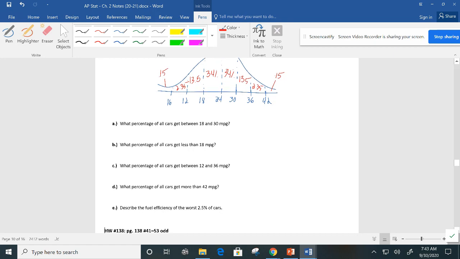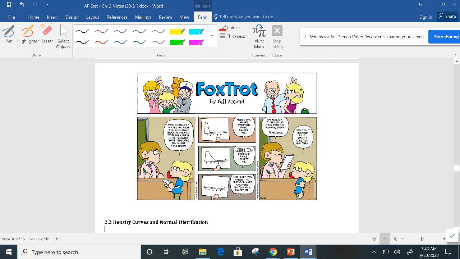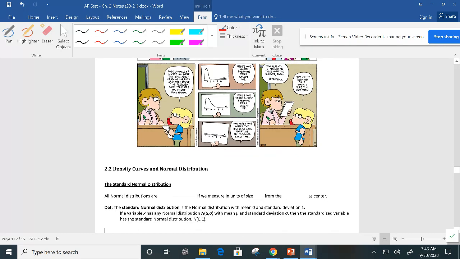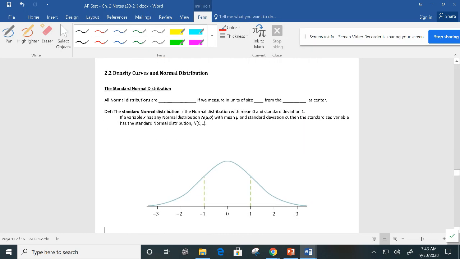The last thing that we have to discuss is that everything we've talked about so far has been when values fall at exactly those points that are 1, 2, or 3 standard deviations above or below the mean. But that doesn't always occur, so we've got some other things that we can use when we're dealing with that. We have what's called the standard normal distribution.